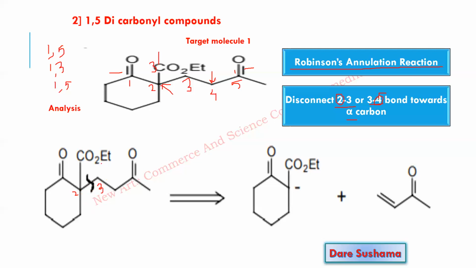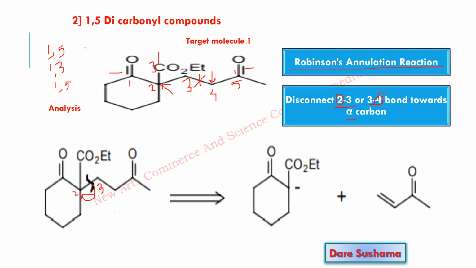Why not 3,4? The reason is that the number 2 carbon is more substituted as compared to number 4. The alpha carbon which is more substituted, which is more hindered, in that direction we have to disconnect. So the disconnection is always in the direction of number 2.